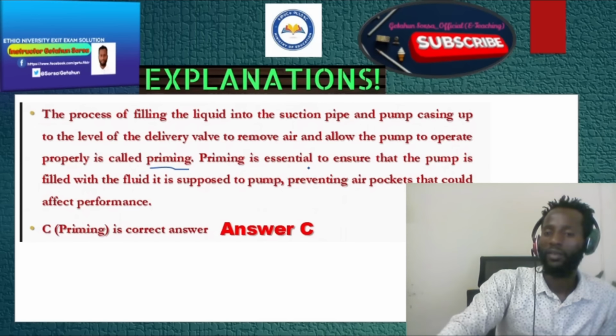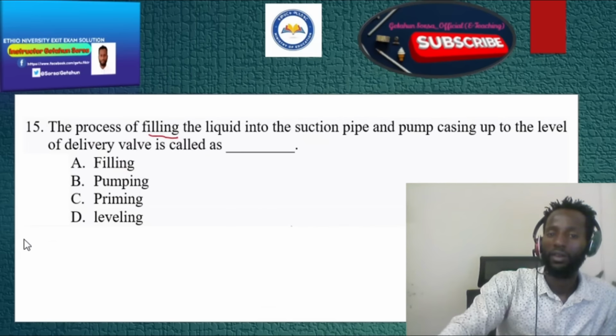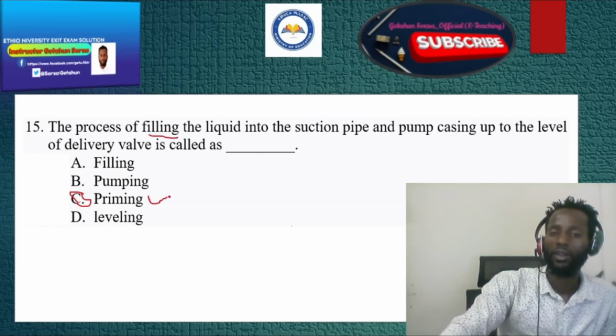It is essential to ensure that the pump is filled with the fluid it is supposed to pump, preventing air pockets that could affect the performance. So that process is what we call priming. So the correct answer is choice C, priming.